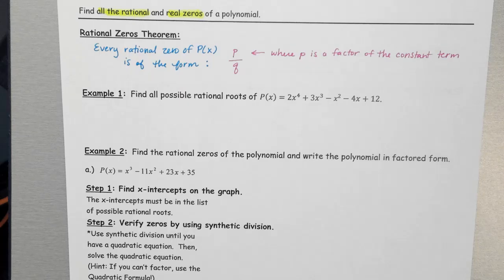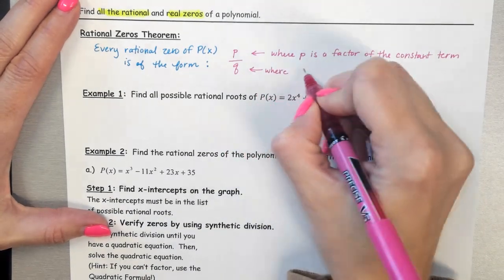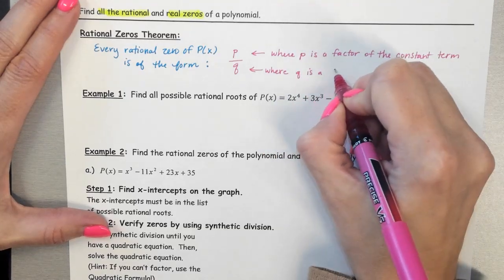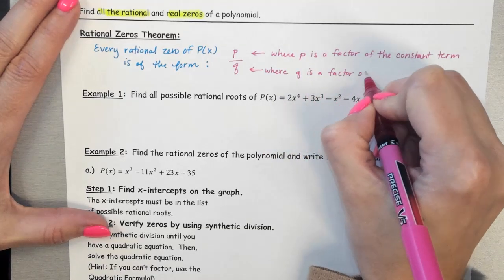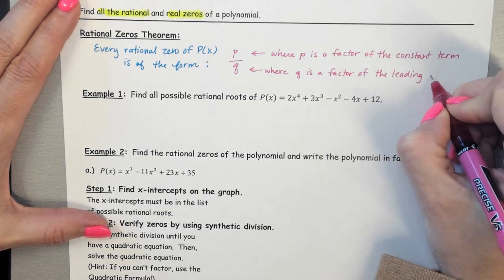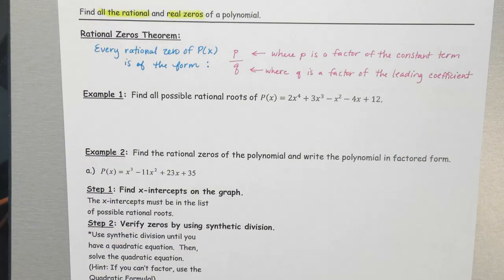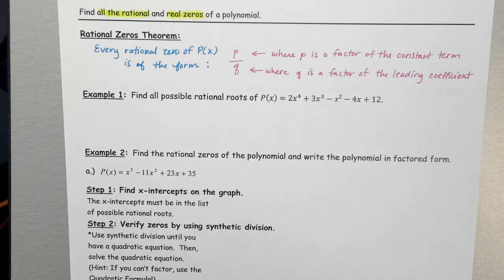So p is a factor of the constant term. q is a factor of the leading coefficient. So this p over q can help you generate all of the possible values.